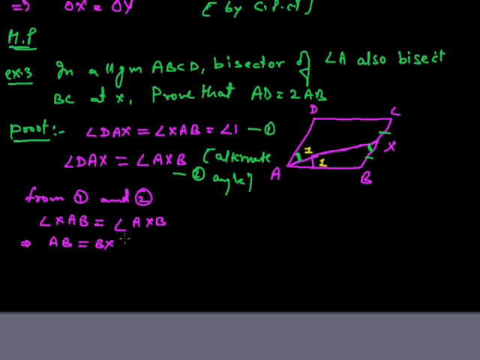Why are they equal? Because sides opposite to equal angles are equal.